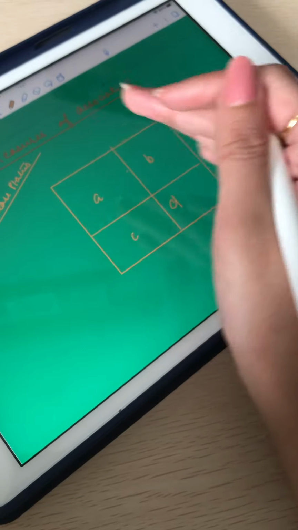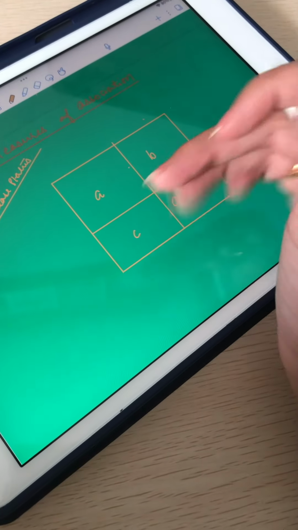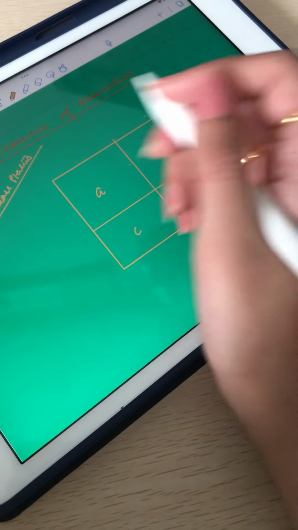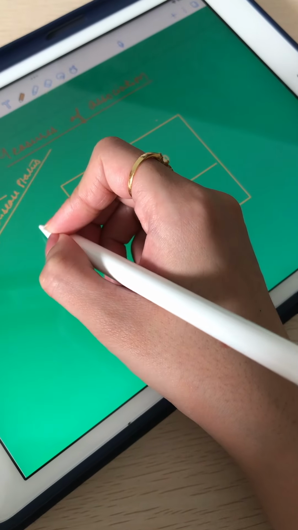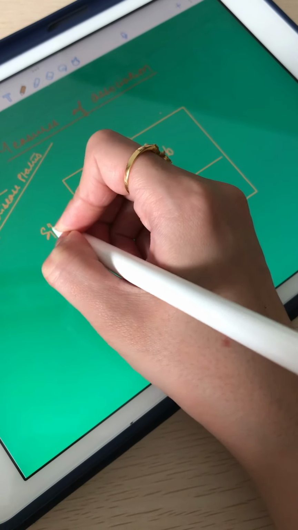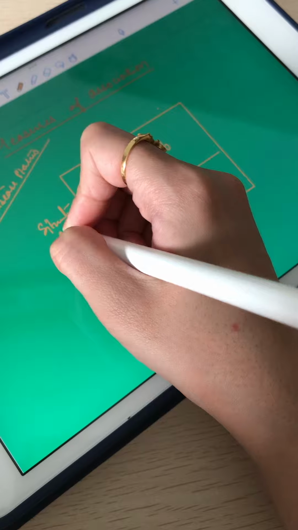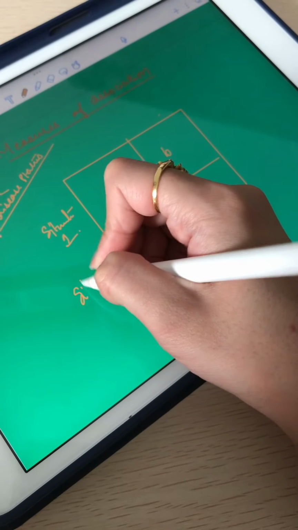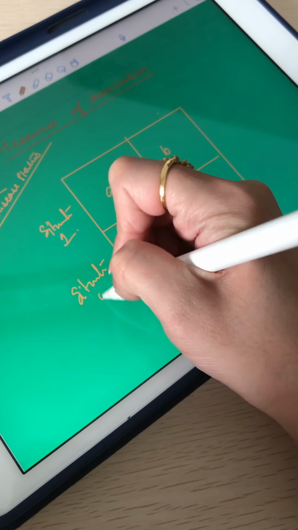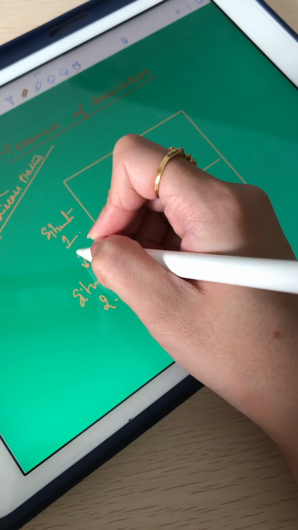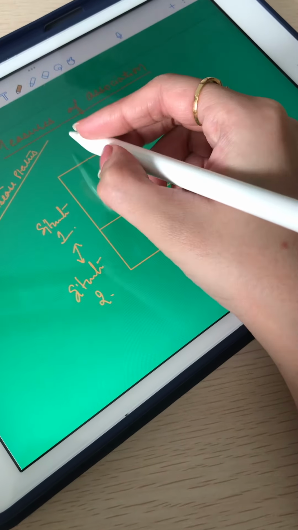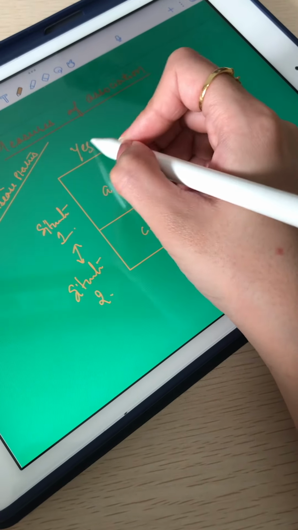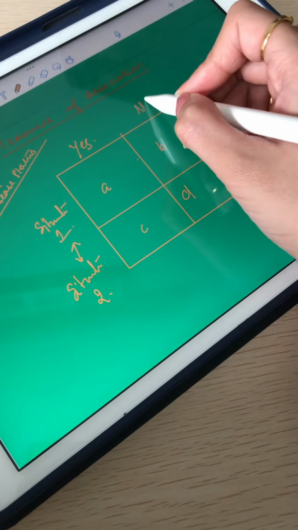Okay, so here it is. If we take an example to understand better, then we can say there is situation 1 and there is situation 2. These both situations are related to each other. Then there is result 1 and there is result 2.